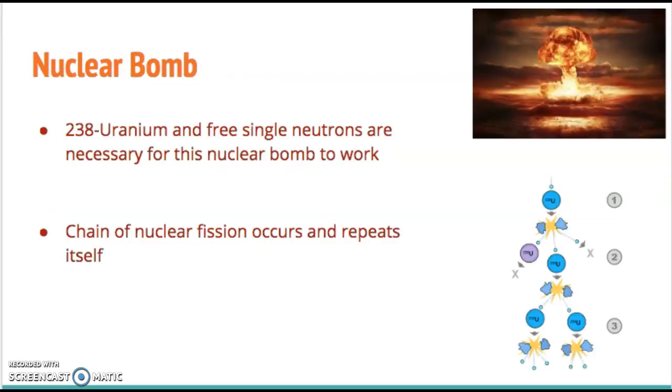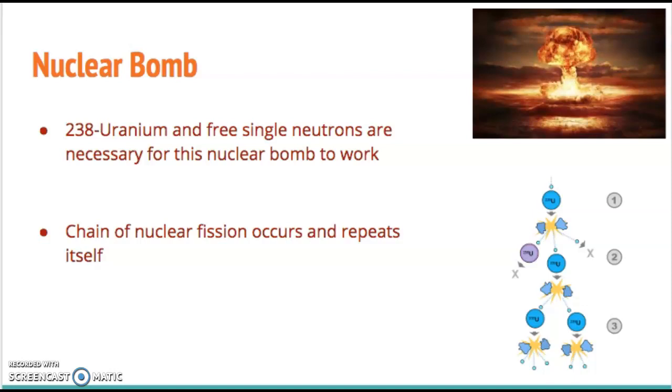So, just in a general sense, how the nuclear bomb works is we need to have 238 uranium, and then we need to have single neutrons, and these single neutrons come from an isotope of uranium, which we'll talk about on the next slide.